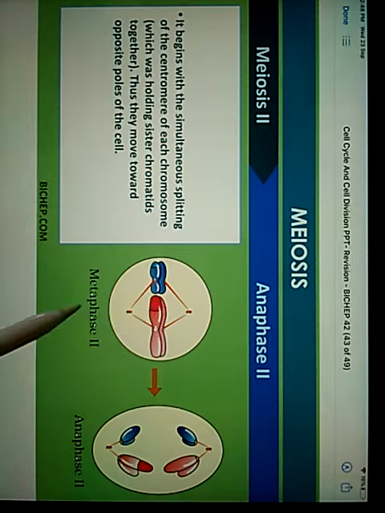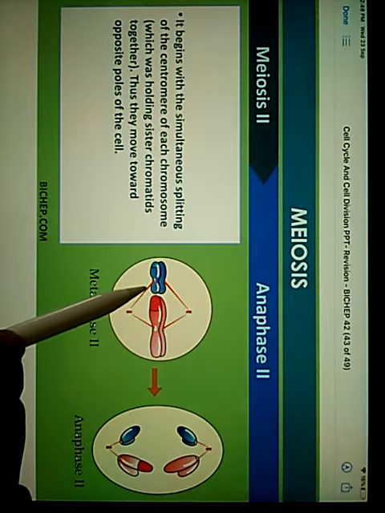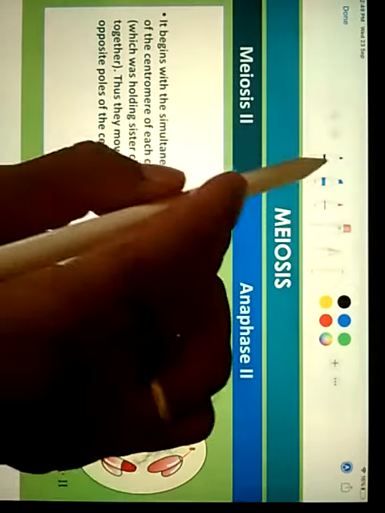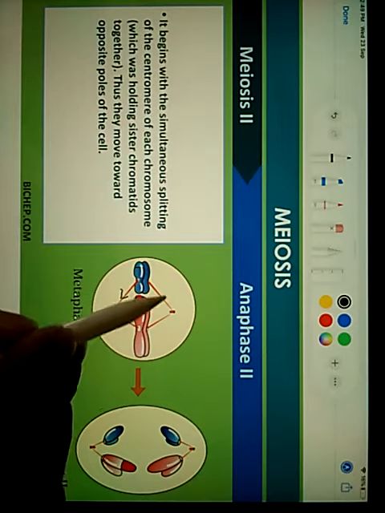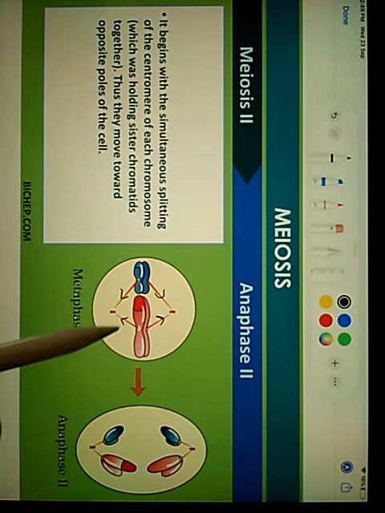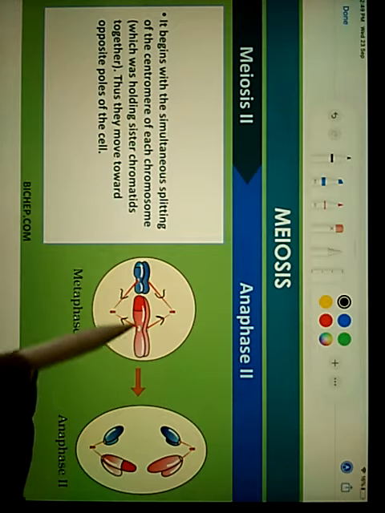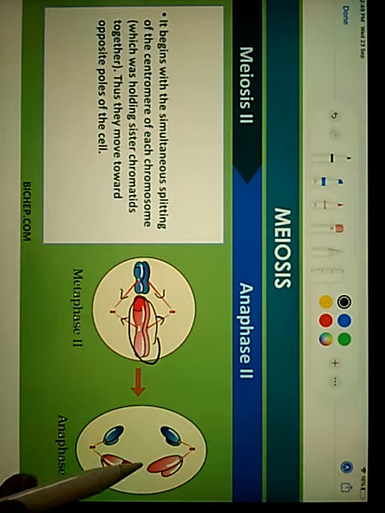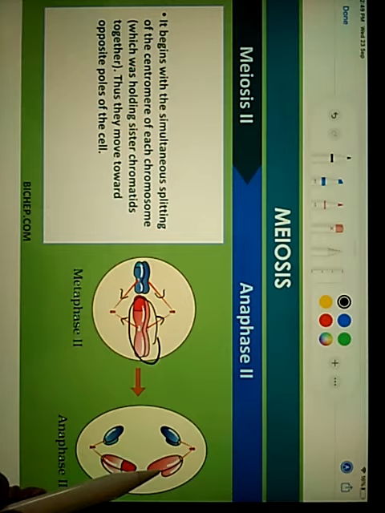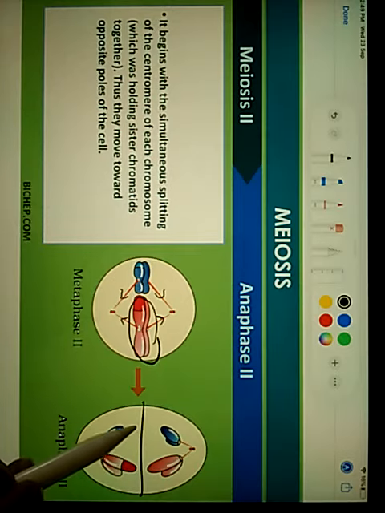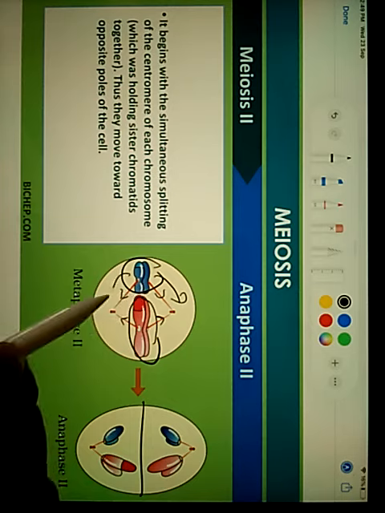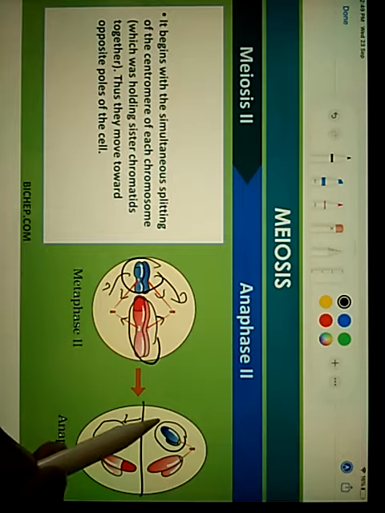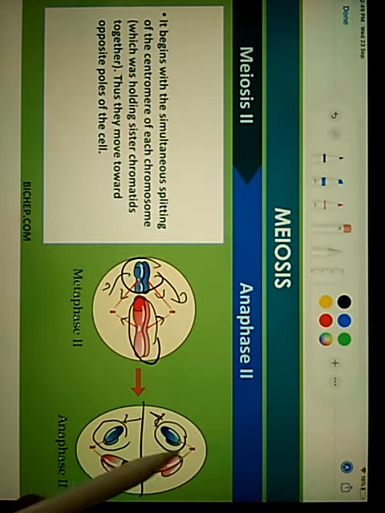Similar mechanism again: the spindle fibers contract towards their respective poles, which is why the chromosomes are detached, splitting from the centromere region. So one chromosome will be divided into two sister chromatids, separated towards their respective poles.